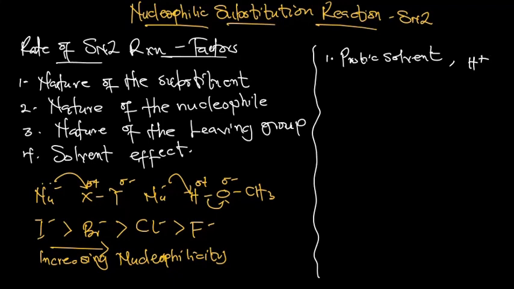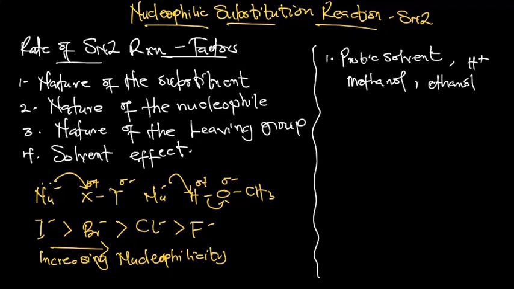With a solvent like methanol, we are going to have the nucleophile getting solvated through hydrogen bonding. That means that it is going to get coordinated with the protons that are being released. So methanol, ethanol, are not very good solvents when we need to carry out an SN2 mechanism.